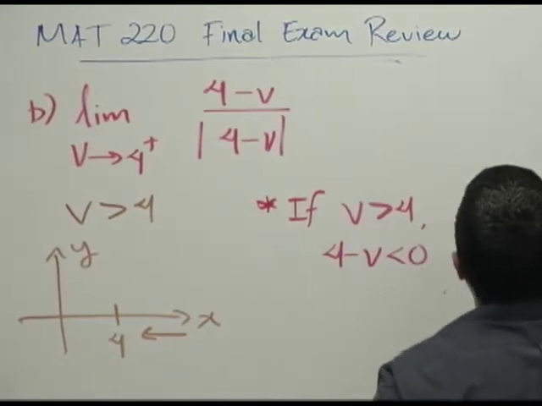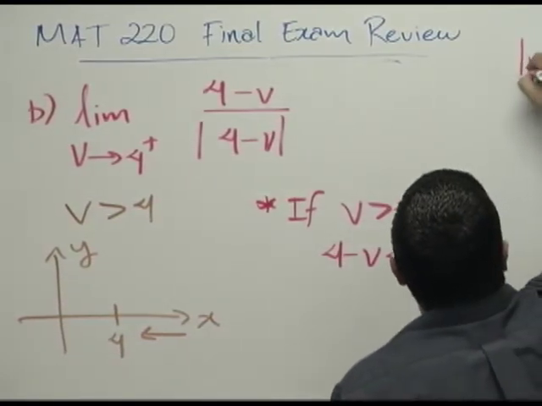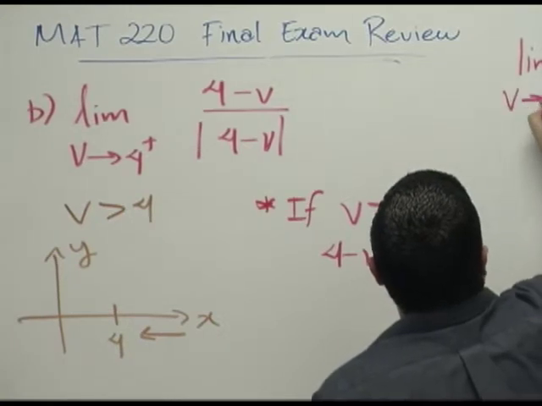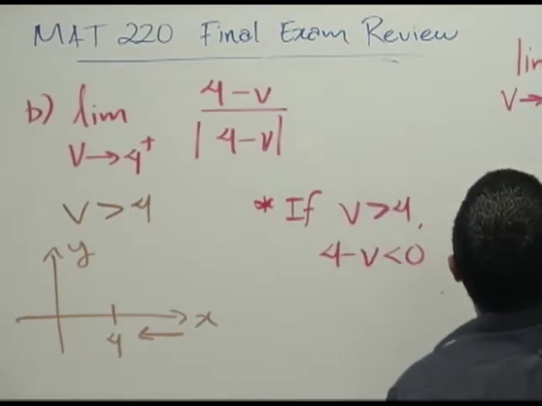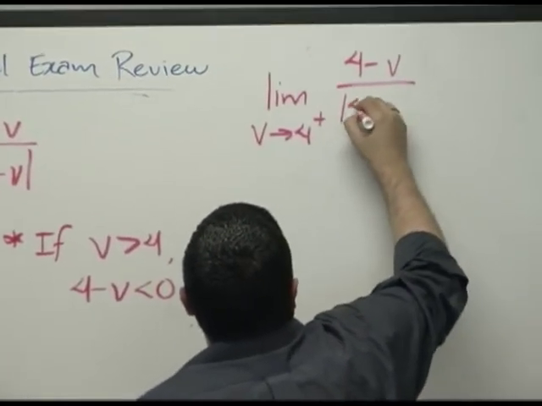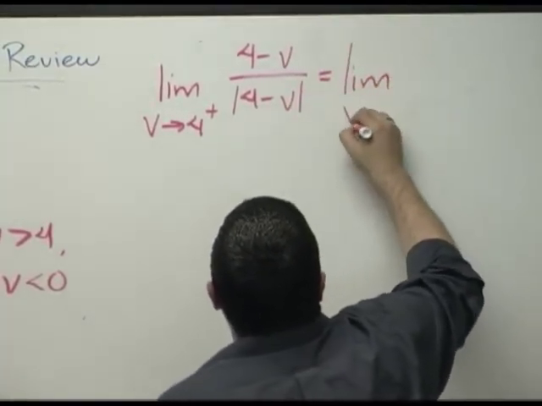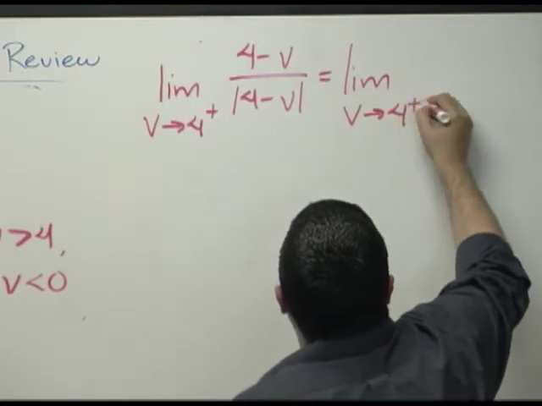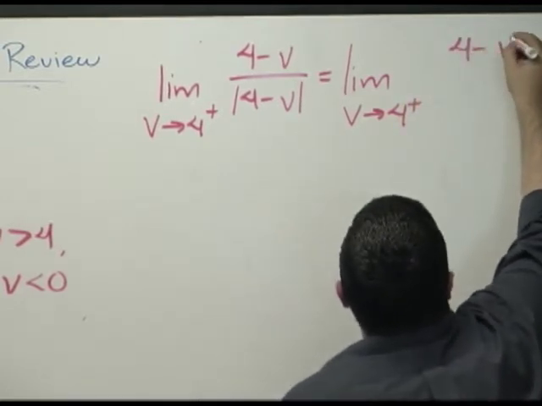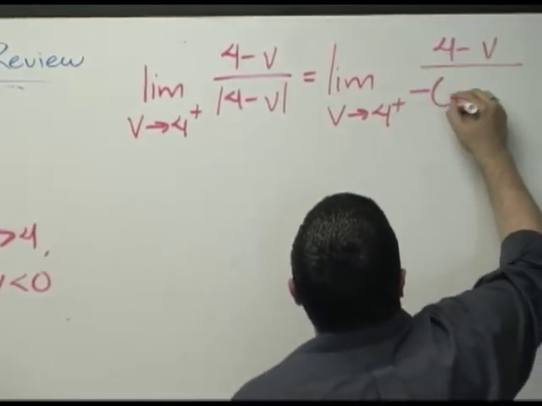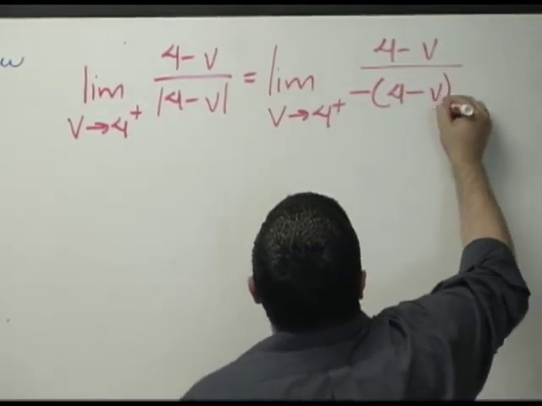So, in other words, the limit as v goes to 4 from the right of 4 minus v over the absolute value of 4 minus v is equal to the limit as v goes to 4 from the right of 4 minus v over negative (4 minus v).